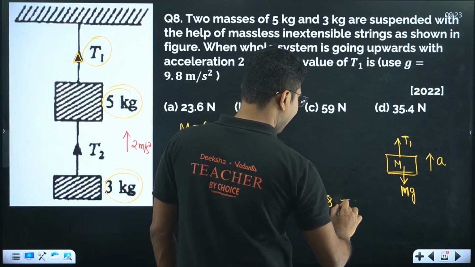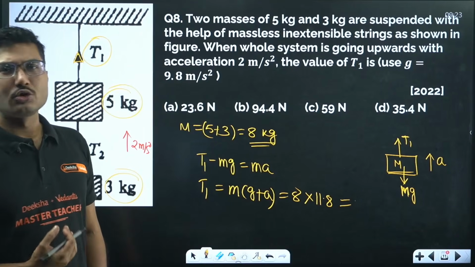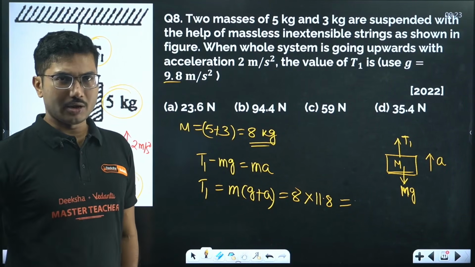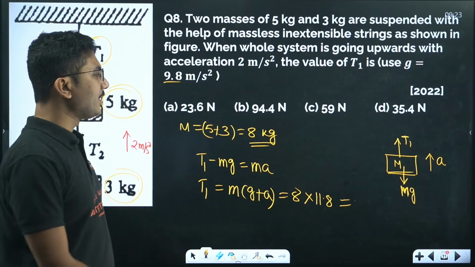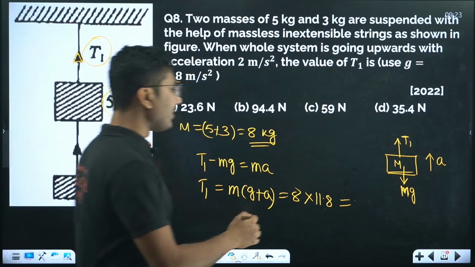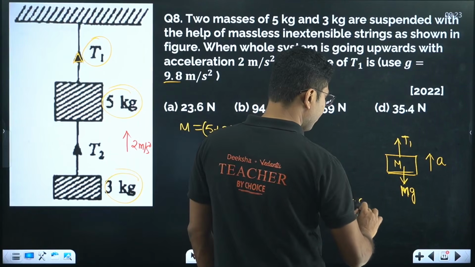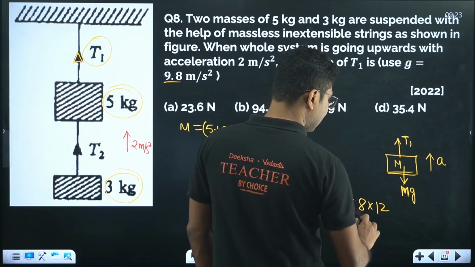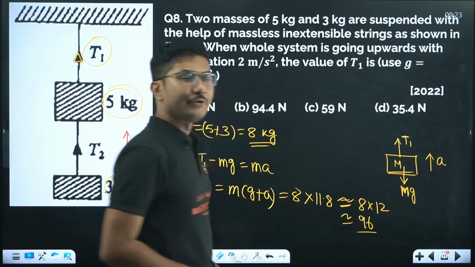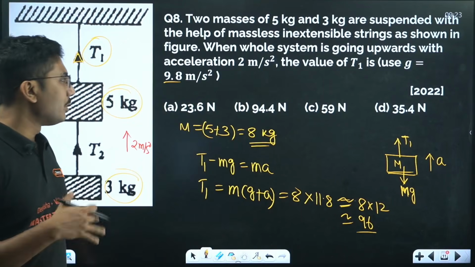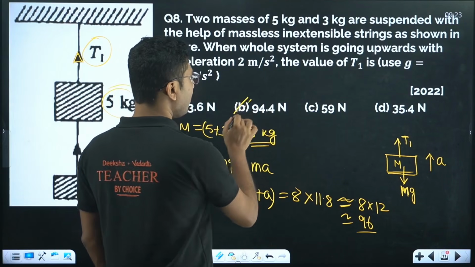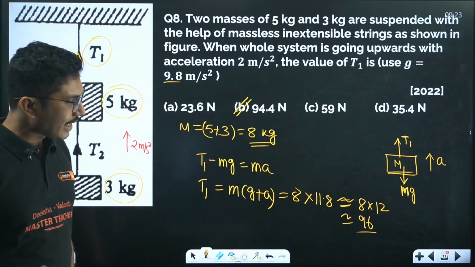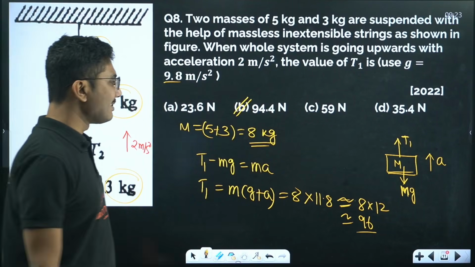If you take this value as 12, close to 10, even though the question says 9.8, you are not allowed to use calculators. So how to solve it? You assume that this value is very close to 8 into 12, which is very close to 96. Any value which is slightly less than 96 will be acceptable. Here there is only one value which is less than 96, which is 94.4, so that will be our answer. Clear?